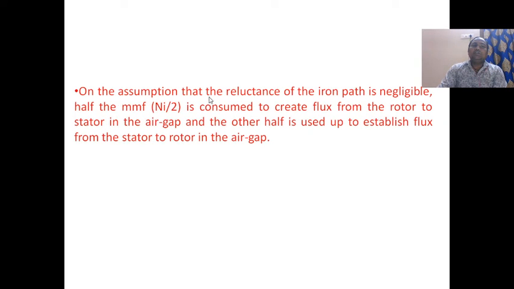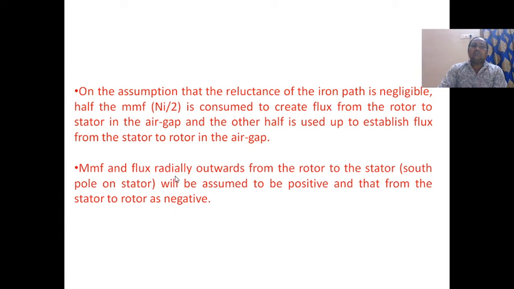On the assumption that the reluctance of the iron path is negligible, half of the MMF, Ni by 2, is consumed to create flux from the rotor to stator in the air gap, and the other half is used up to establish flux from the stator to rotor in the air gap.